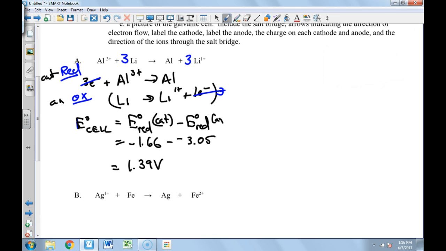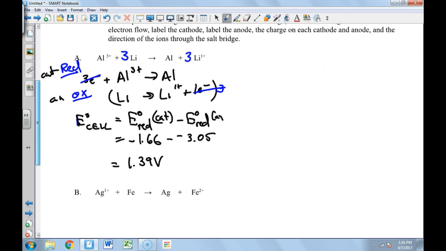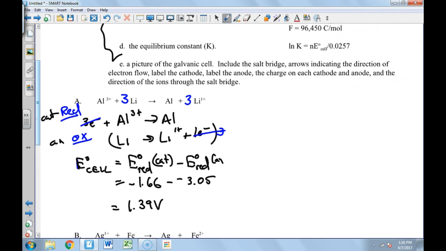Now, let's find the free energy. So delta G equals negative nFE naught cell, and the F is a fancy F, but sometimes they write it like that.